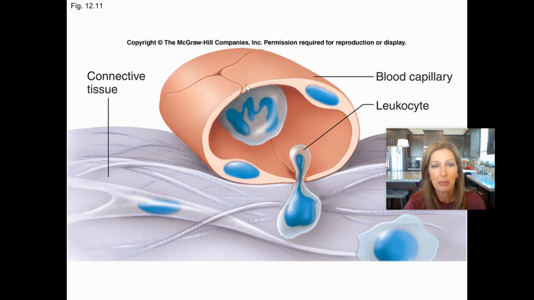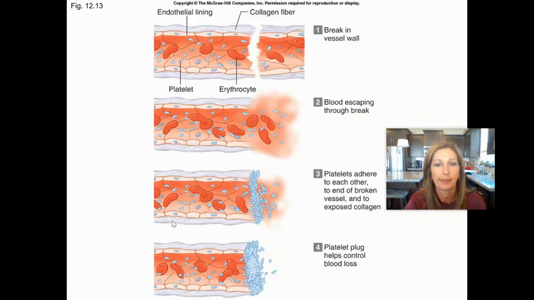That's going to increase the amount of fluid that comes out, but more importantly, it now allows these white blood cells to escape from your blood vessels and get to that surrounding tissue where they can actually fight off that bacteria or that virus that is in that area.